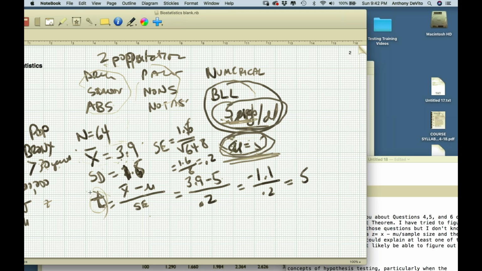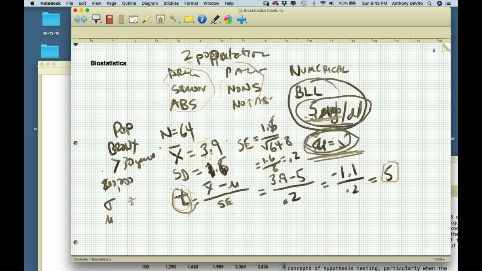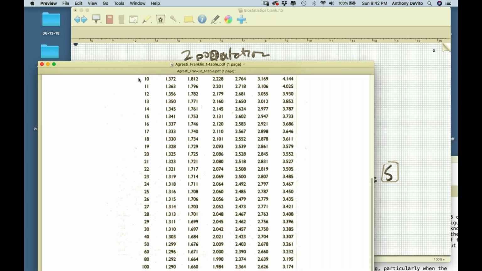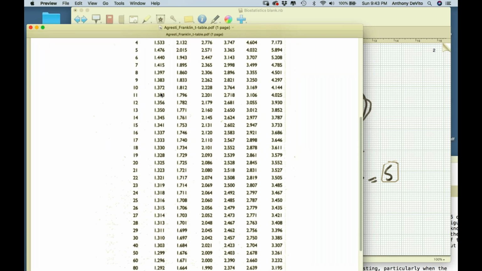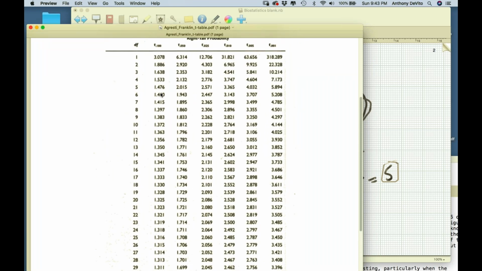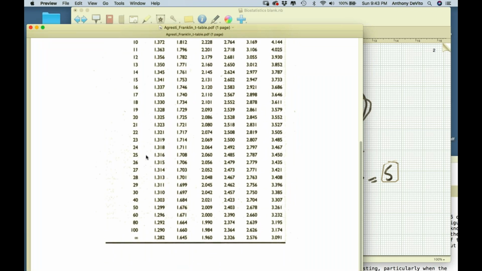Okay, my t-score: these two numbers are 5 standard errors apart. Well, if I go back to my z-table, how far apart do I have to be to say that I'm 95% sure that these things are different? Well, for a sample size of 64, I'll be conservative and call it 60.